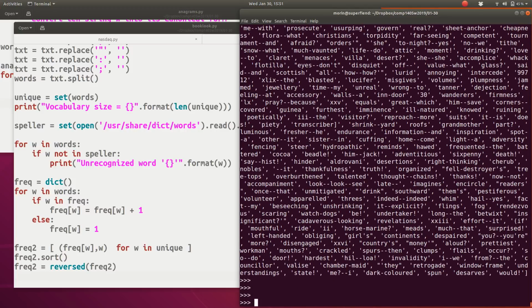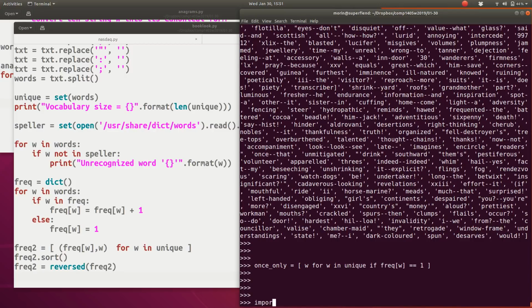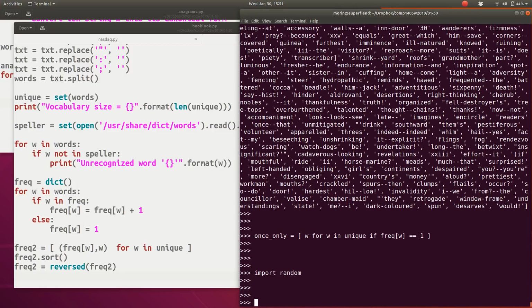So these are the words that occur uniquely. So they might be more interesting because the author knew them and used them but chose to only use them once. So we can take a random sample of those things.